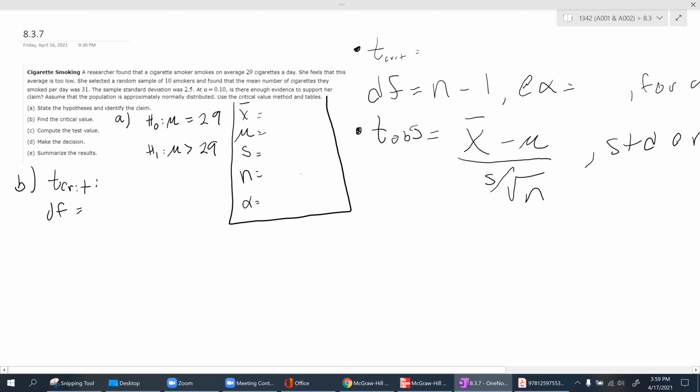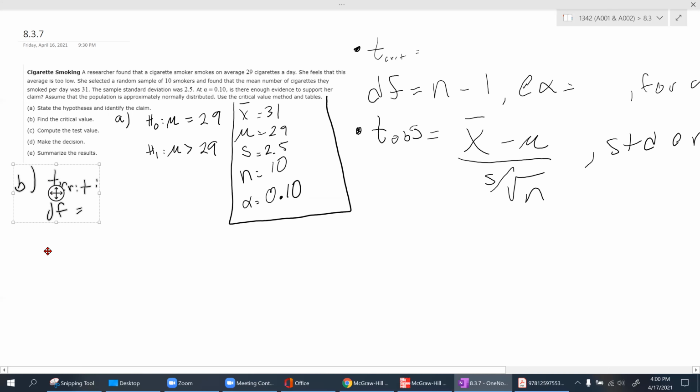My sample mean is 31. My mu is 29. My sample standard deviation is 2.5. My sample size is the random sample of 10 smokers, so that's 10, and the alpha given is 0.10.